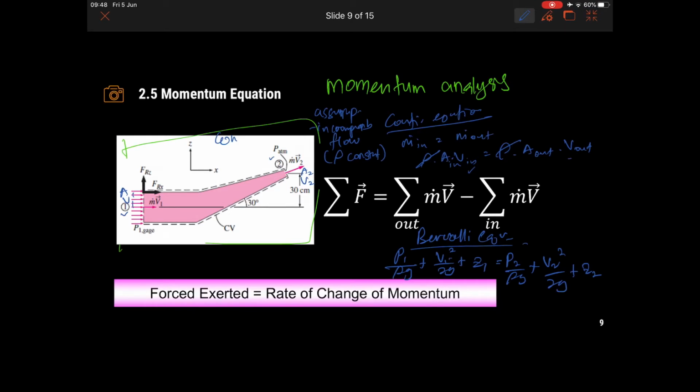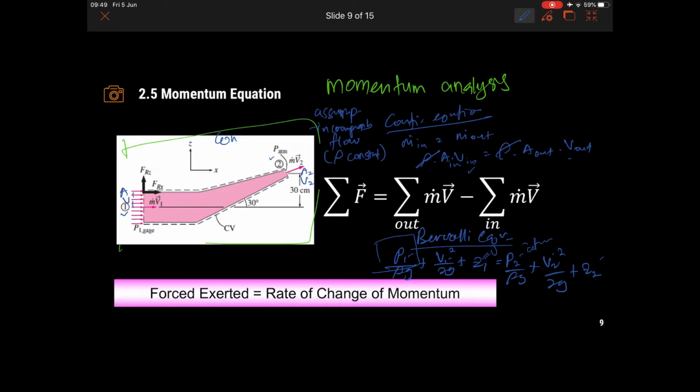Let's say Z1 is the reference line, this one becomes 0, remember that? And then P2, they say this one is P atm. And Z2 is given, then definitely we can calculate the gauge pressure at point 1, right? Using the Bernoulli equation. These two we provide you, I think maybe already 10 marks in the exam, and they give a very good understanding of the transport of fluid in fluid flow.